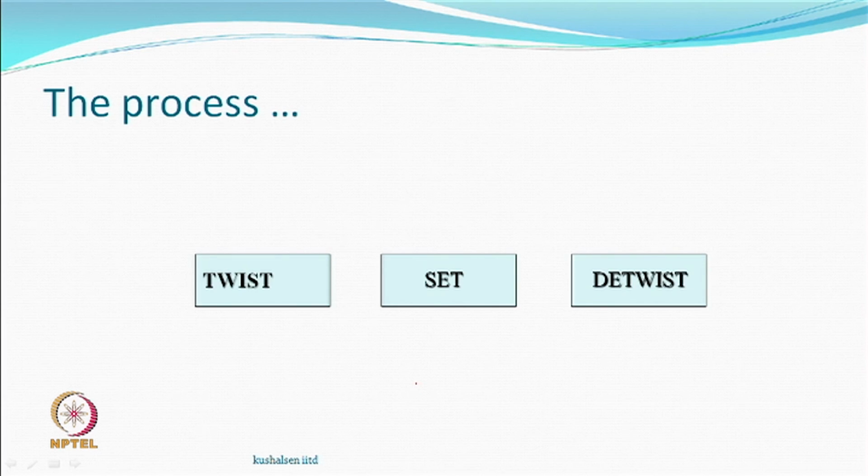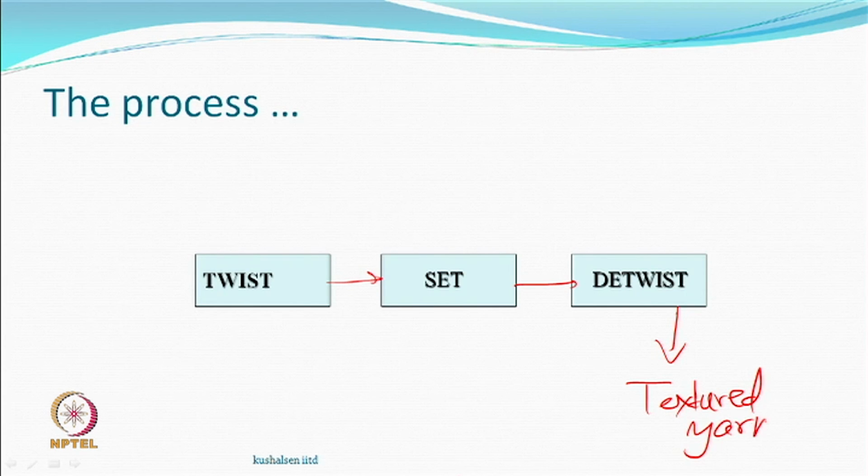Yes, nothing is changed, the process remains the same. You have to do twisting, setting, detwisting, and you have a textured yarn. Question is how? It is so simple. Let us see.